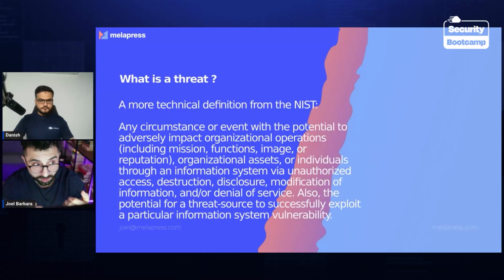And the repercussions of these threats are adverse impact on organizational operations, including its mission, its functions, its image, reputation, organizational assets, and individuals. So now, through this, we are starting to get a clearer picture of not only what the threats are, but how these threats can manifest themselves, what the repercussions are, and ultimately how we can mitigate the risk of these threats. So if we can go to the next slide, please.